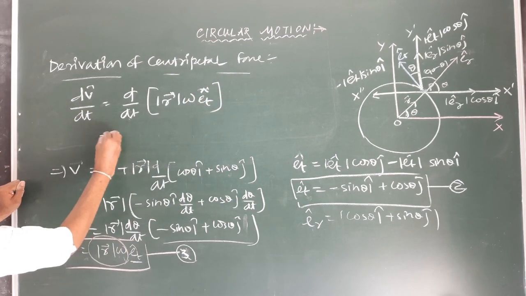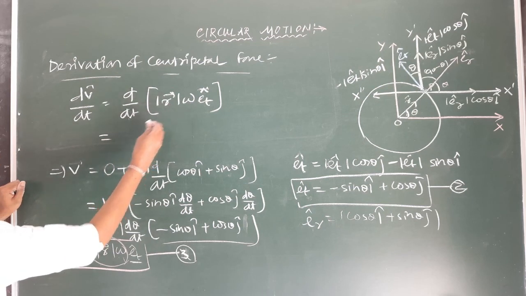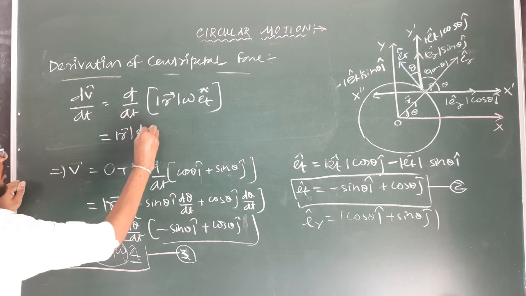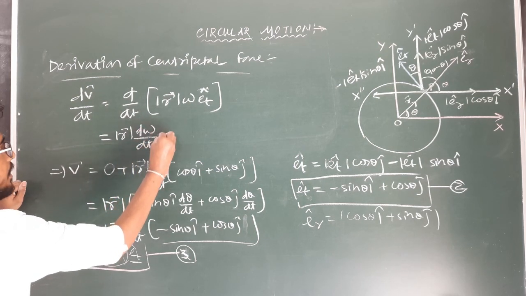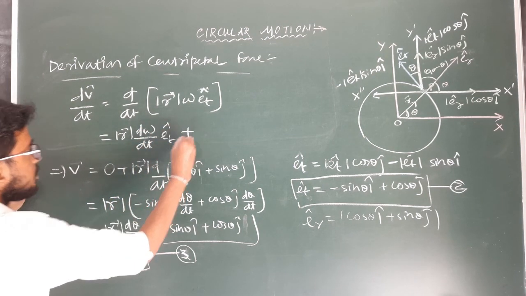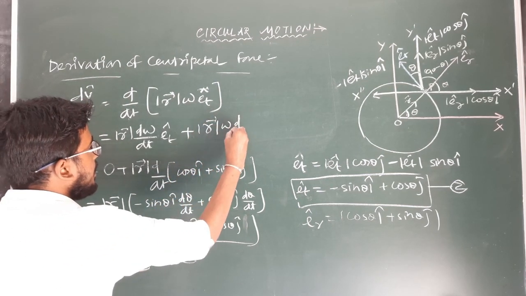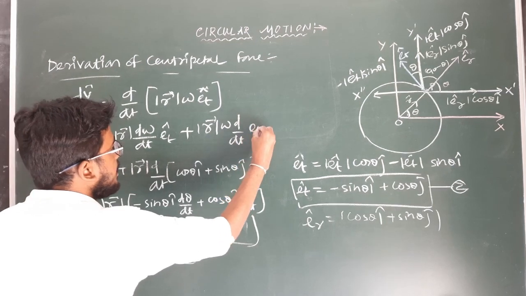Clear? Here r vector is a constant with respect to time, so this can be written as |r vector| into d omega by dt into Et cap plus |r vector| into omega, again d by dt of Et cap.